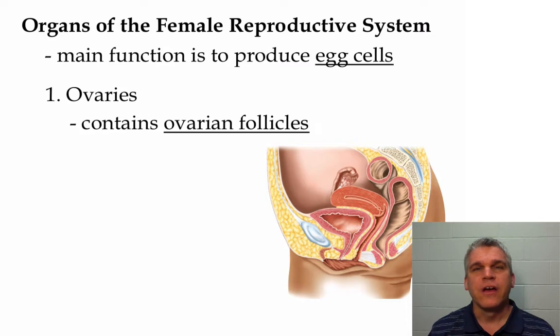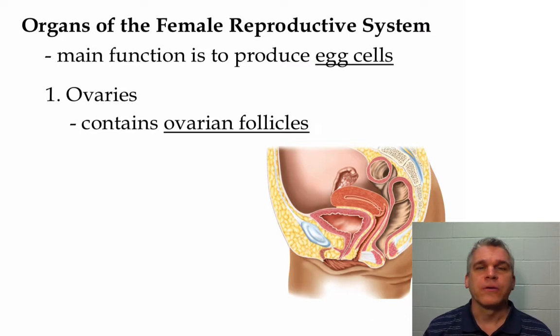The egg cells are produced prior to the woman being born. Unlike in males, where they don't start producing the gametes until puberty, the females already have their eggs present. They are in sort of a suspended animation. If you recall from your biology class, the gametes are made during the process of meiosis, and all the egg cells are stopped during metaphase 1, in that first part of meiosis, and they won't finish meiosis until fertilization has taken place.